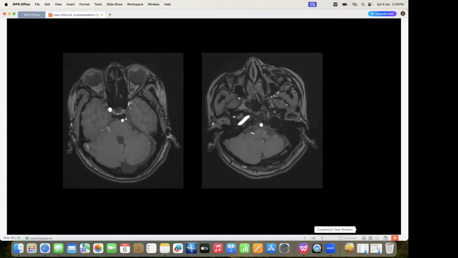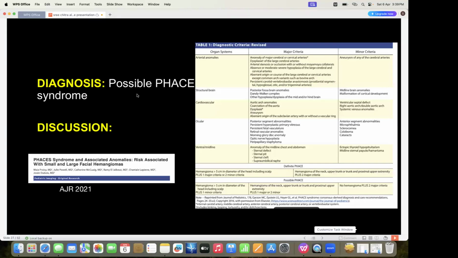So putting all these findings together, we gave a possible diagnosis of PHACE syndrome. Can you just expand PHACE syndrome? P is posterior fossa anomalies. H is hemangioma.